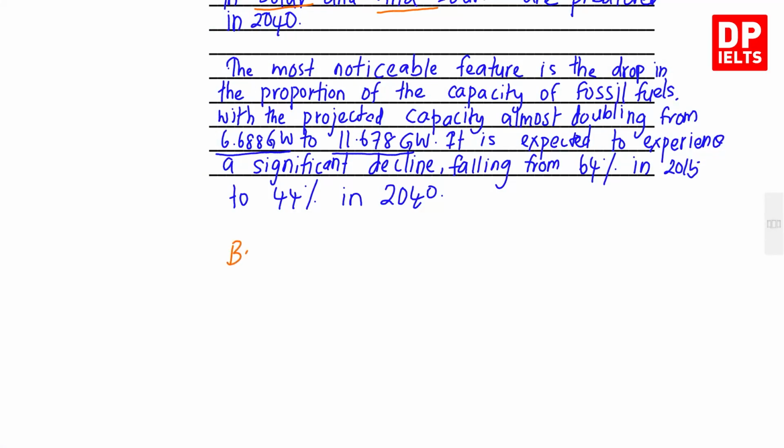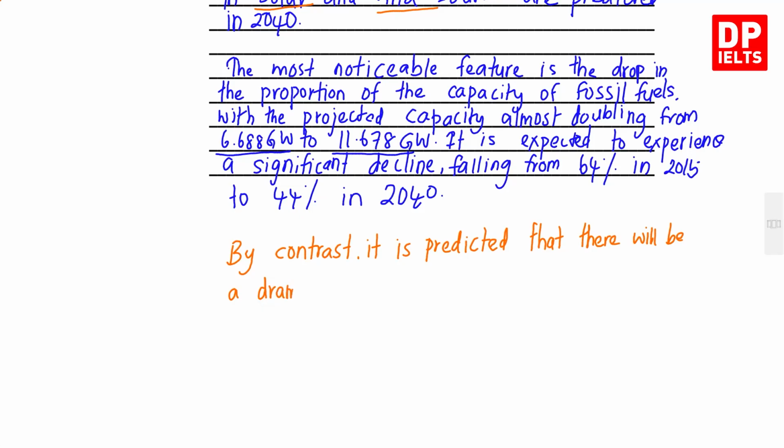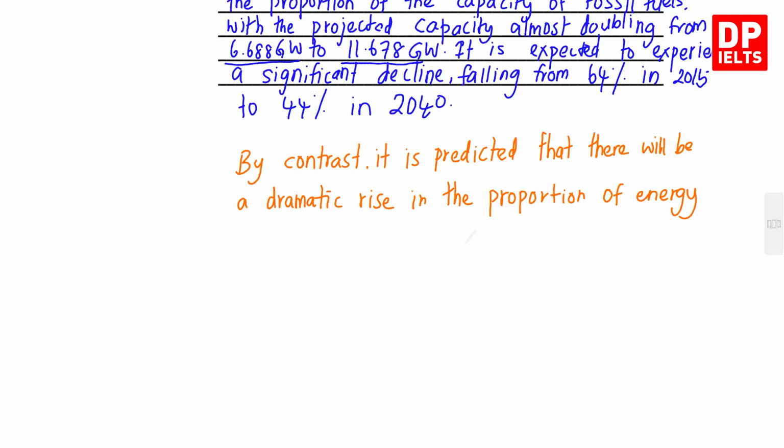Now let's use some signposting words, or linking words: by contrast, comma, it is predicted that there will be a dramatic rise in the proportion of energy capacity, right?